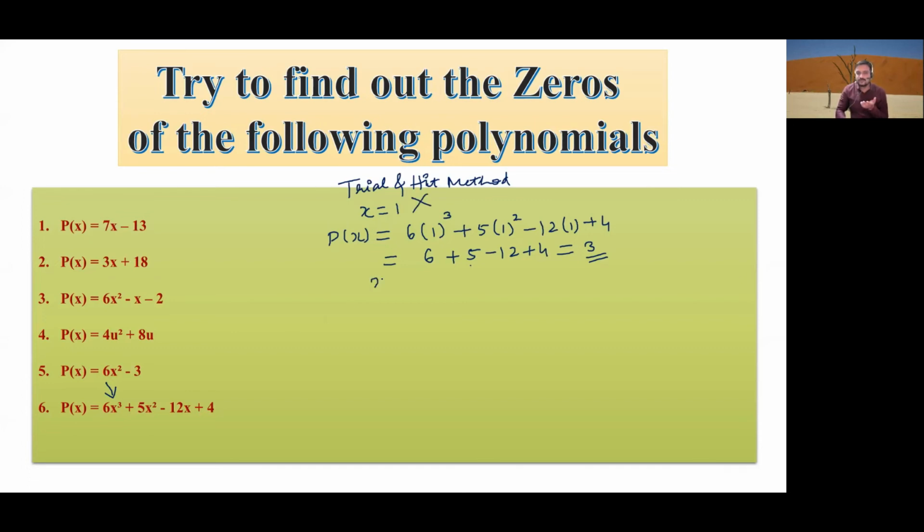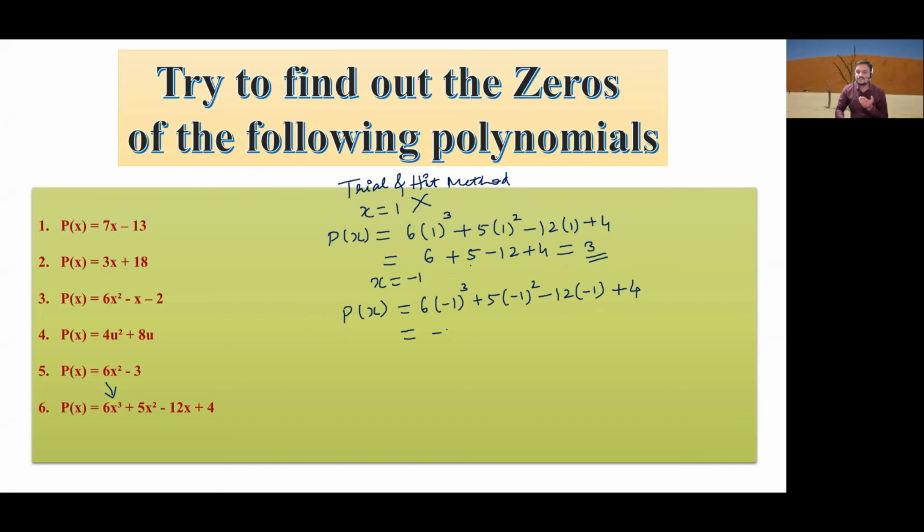So what we will do, we'll put another value, x is equal to minus 1. Okay, so what we are getting in this case, p of x will be equal to 6 in bracket minus 1 whole cube plus 5 in bracket minus 1 whole square minus 12 in bracket minus 1 plus 4. So what is minus 1 cube?